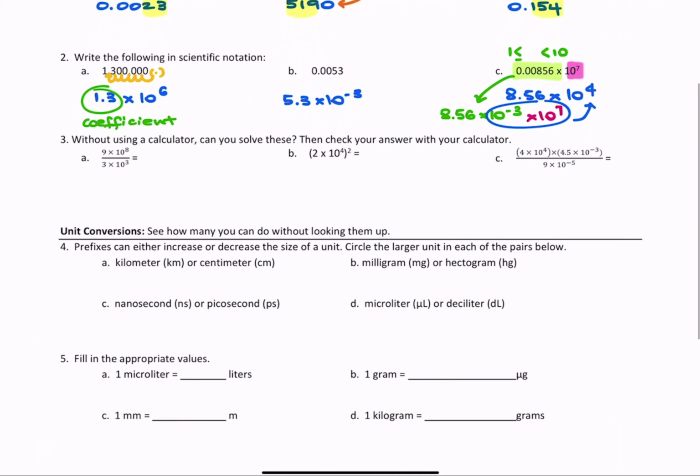This is what I used right there, okay? Here, I used 10 to the a times 10 to the b equals 10 to the a plus b.